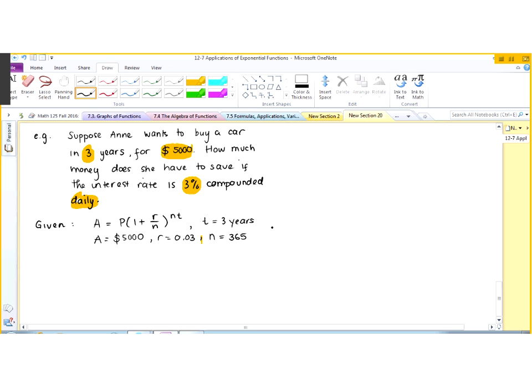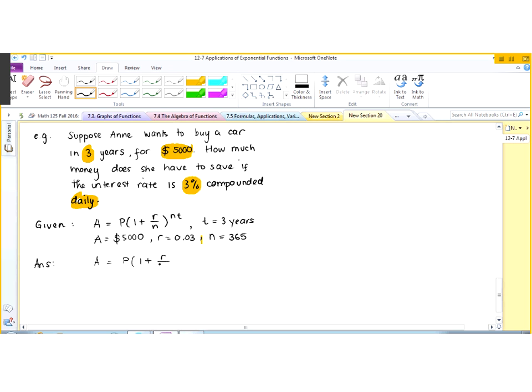So that's why we always use 365. You have to save it for 3 years. So if this year, next year, and next year, are they all leap years? No, most likely it's not. So that's why we use 365.